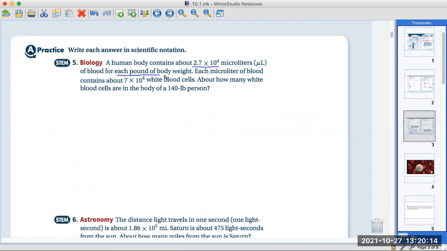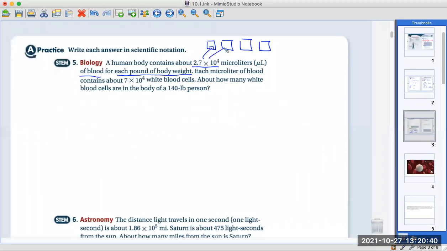Each pound of body weight is important. So let's say your body weight, this is 1 pound, 2 pounds, 3 pounds. Let's say each square is a pound of your body weight. Inside this pound is 2.7 times 10 to the power of 4 microliters of blood.